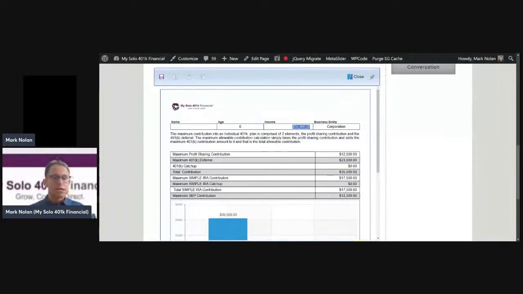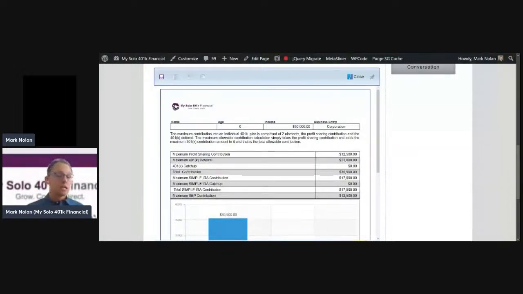You don't need to reduce that $50,000 figure by any self-employment income tax, because that's the difference between an S corporation and a sole proprietorship, is that you're not required to reduce your gross wages by 1/2 of self-employment income tax.